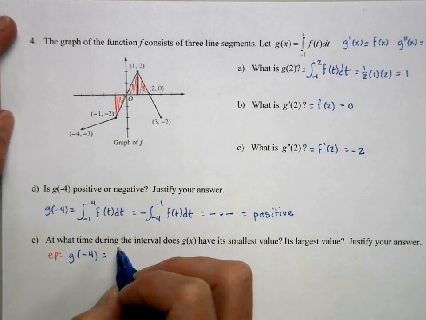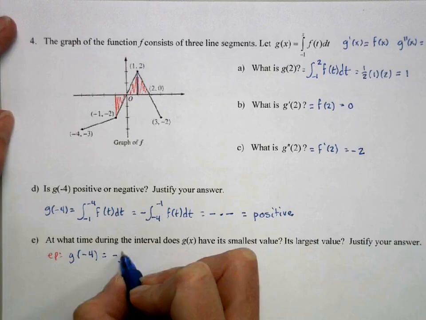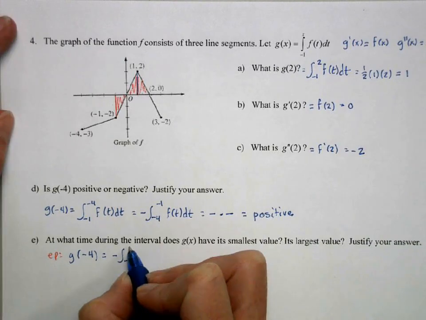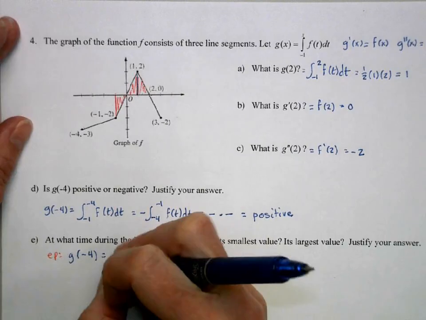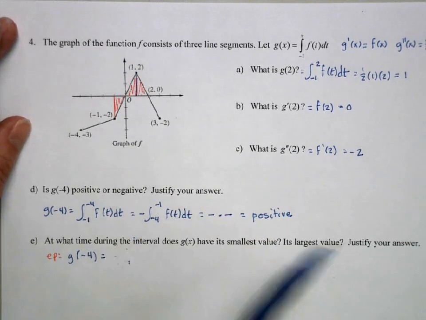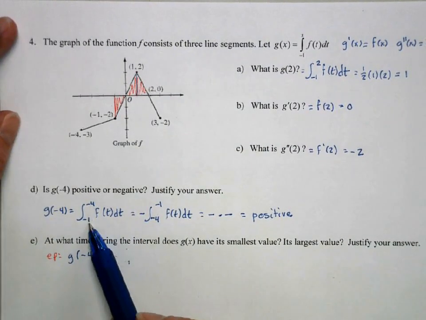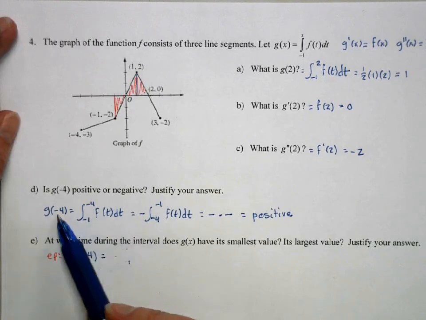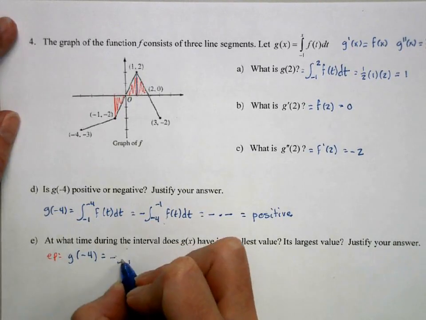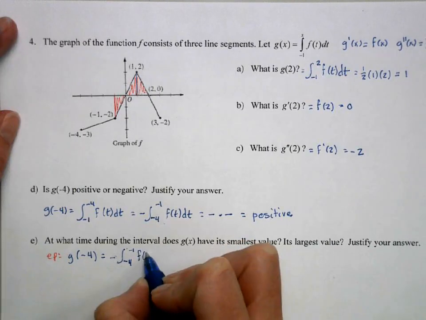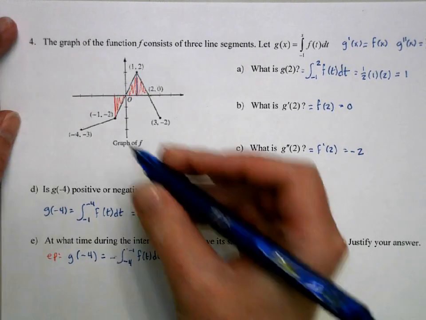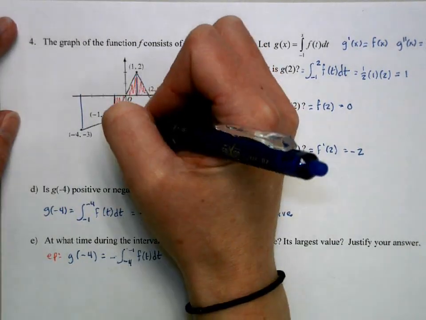Okay, skipping ahead. Well, I've already established, if I went from -1 to 4, we'd have here. So what we're looking at is the opposite of the integral from -4 to -1. Okay, so that's another trapezoid. And it's a negative, so I've already established it's going to be a positive.